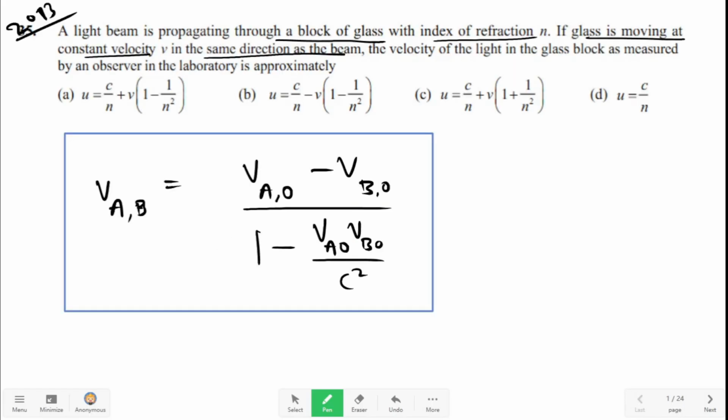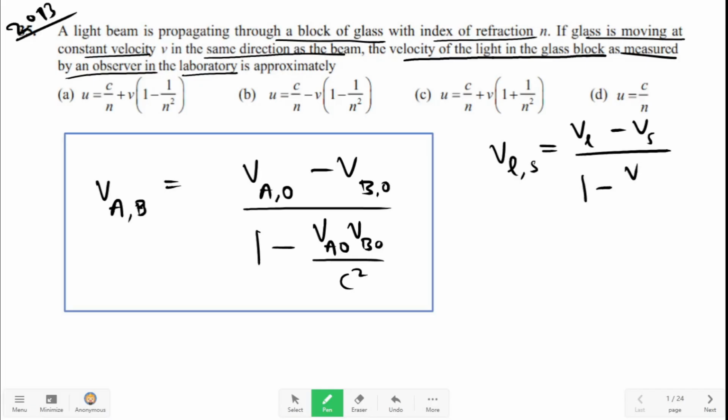Now the question is asking for the velocity of light in the glass block as measured by an observer in the laboratory. So the question is asking for VLS, velocity of light with respect to lab. If we apply the relativistic velocity addition formula, VLS is equal to VL minus VS divided by 1 minus VL VS upon c square. Now VL and VS should be measured with respect to the same frame. So let's take the glass block.